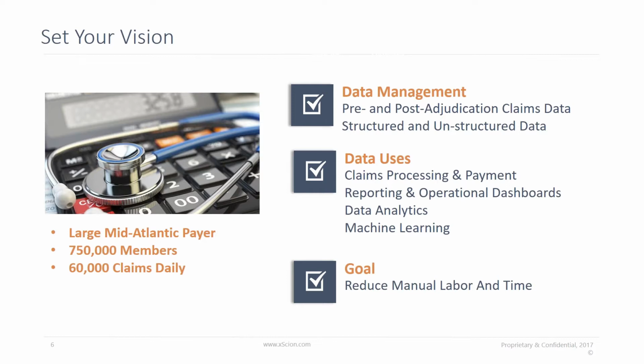The good thing about these analytical dashboards is the data can be sliced or diced at different levels. For example, the same analysis can be done at member level or provider level or even at different claim types. For example, a facility claim versus professional versus dental claims.